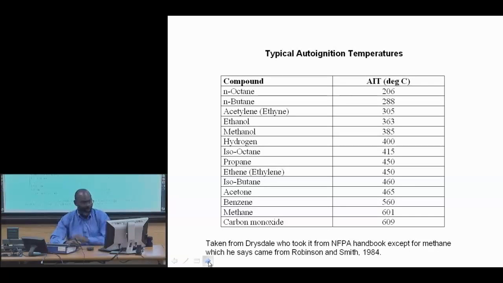So when we look at autoignition temperatures for typical fuels and hydrocarbon systems in general, carbon monoxide, hydrogen obviously are not hydrocarbons there. But when you look at it for a range of, again, typical fuel species, we see that we're talking about things that start all the way at about 206 degrees Celsius, which is not particularly hot, all the way to 600 C for methane.